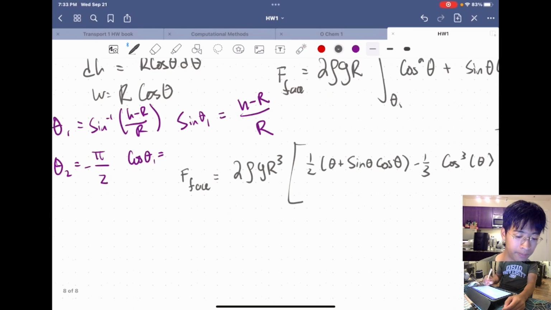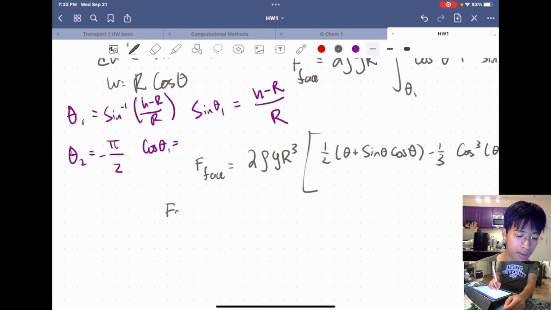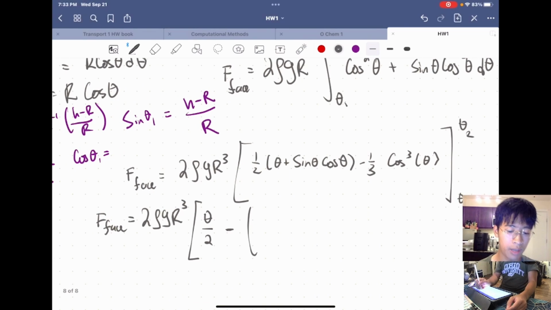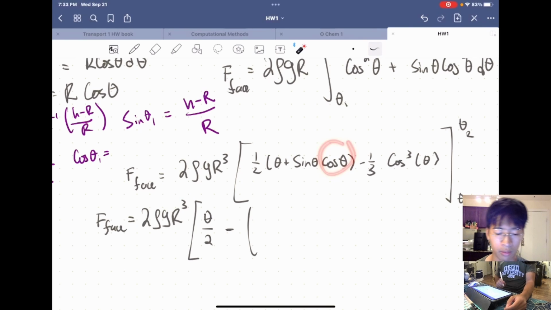So let's continue. Now the force on a particular face of our cylindrical vessel is going to equal twice rho g r cubed multiplied by theta over 2 minus quantity. Now here we have an expression for sine, but we don't have one for cosine.